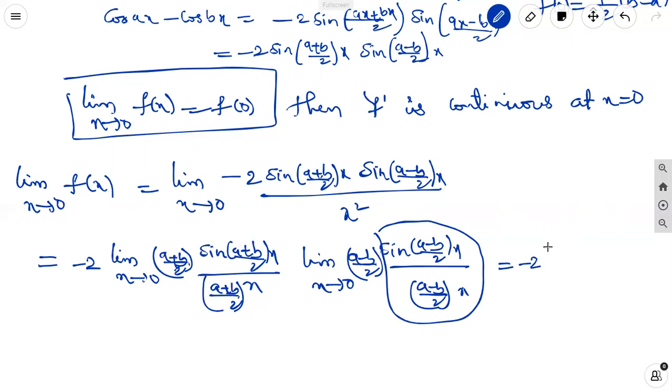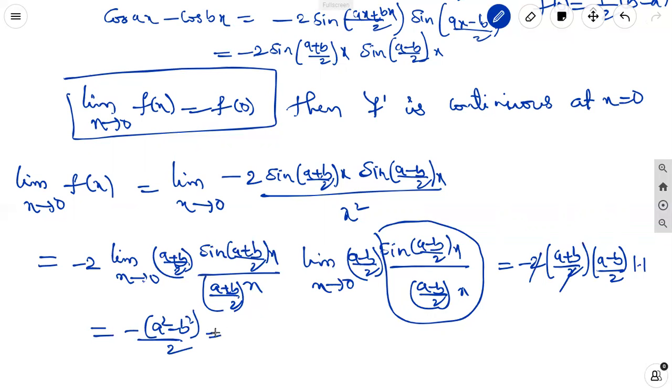So it is minus 2 into (a plus b) by 2 and (a minus b) by 2, which are constants. The remaining limit values are 1 into 1, so they get cancelled. It is equal to minus of (a square minus b square) by 2, which, multiplying with negative 1 by 2, is 1 by 2 into (b square minus a square). This is clearly the f of 0 value. Therefore, f is continuous.